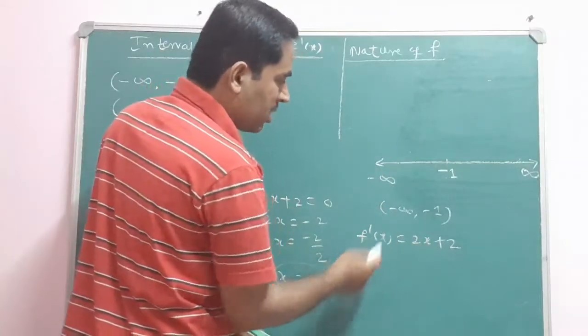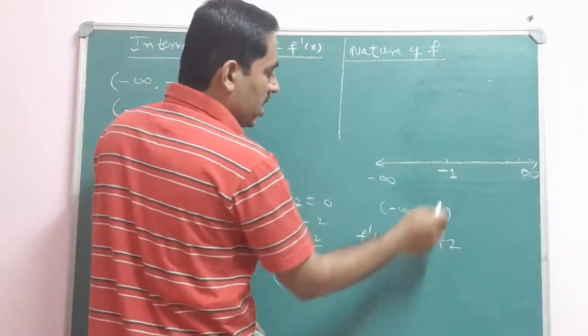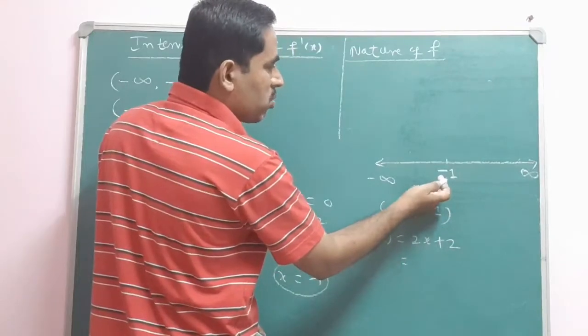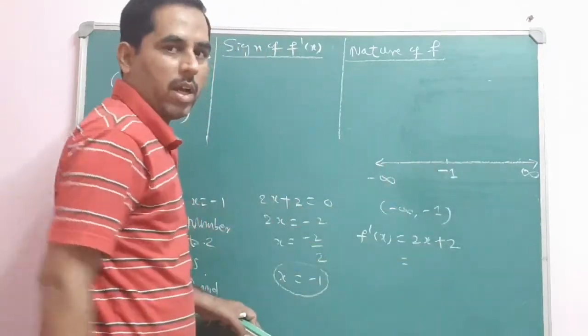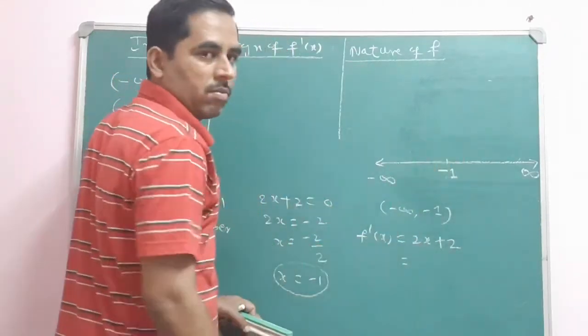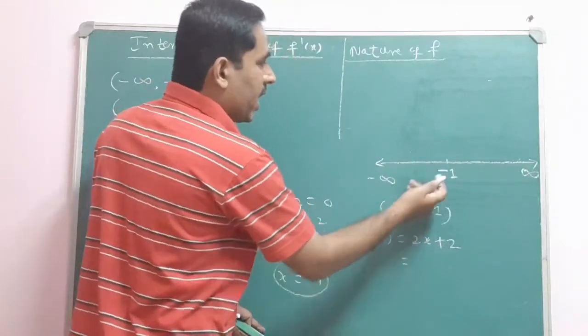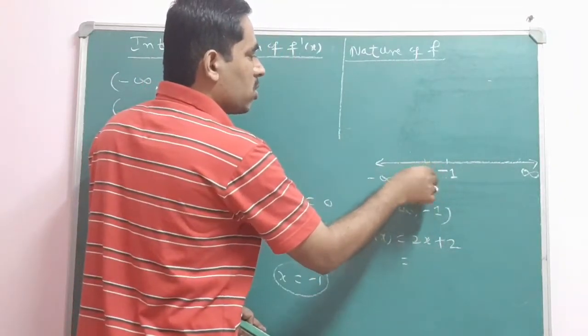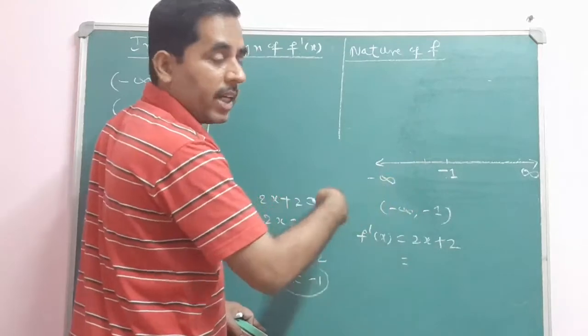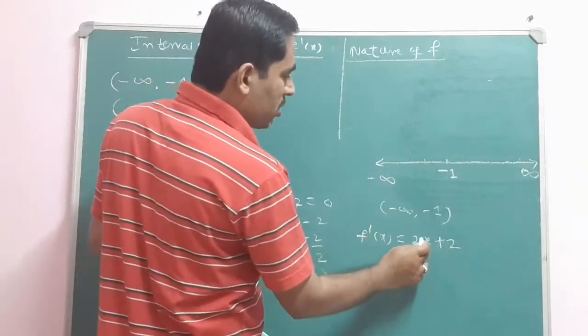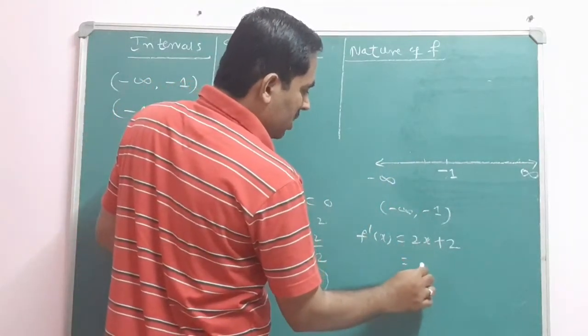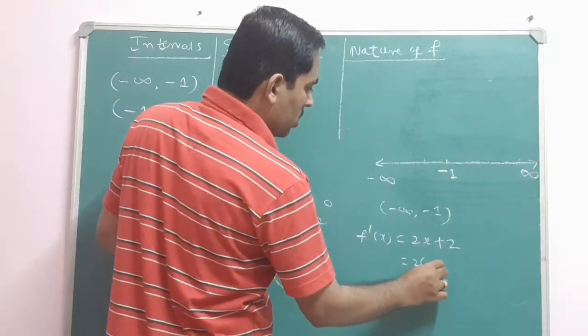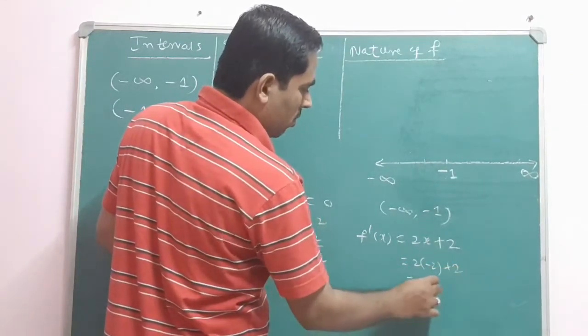Let's see what happens. If I take x less than minus 1, say minus 2, then 2 into minus 2 plus 2. I am only checking the sign.